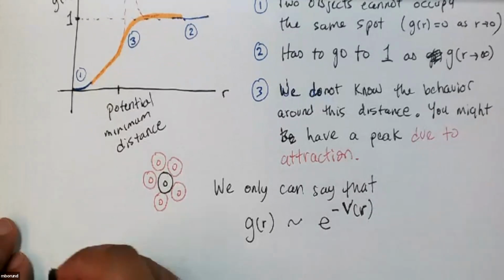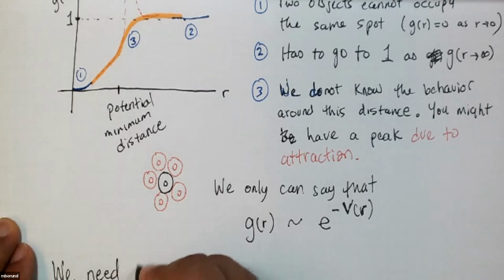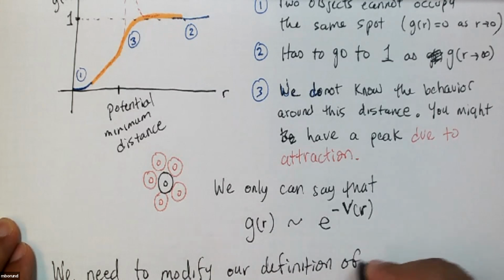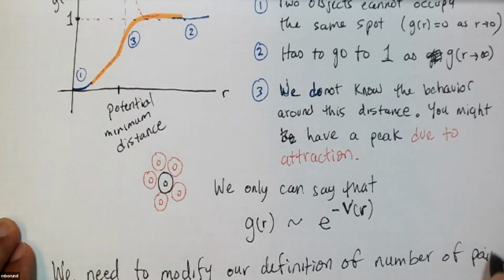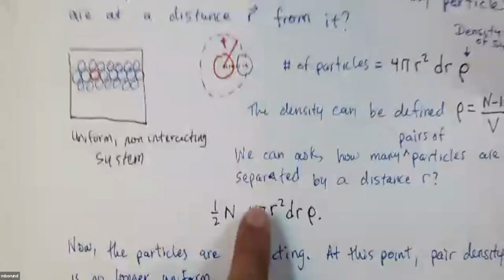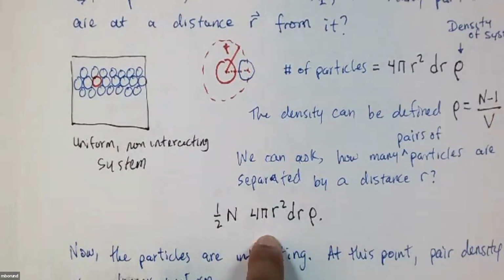At this point, I need to modify our definition of number of pairs. But this one right here, it's not going to be that one.